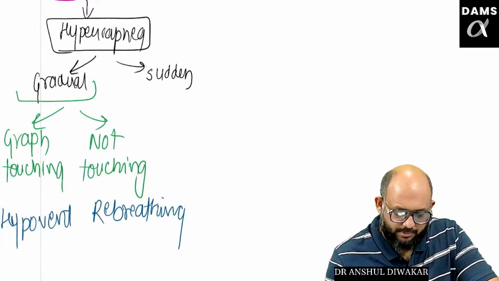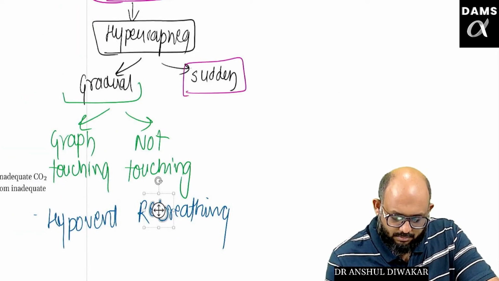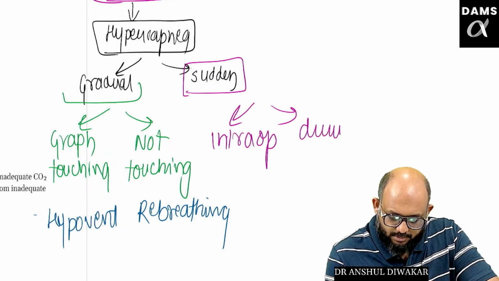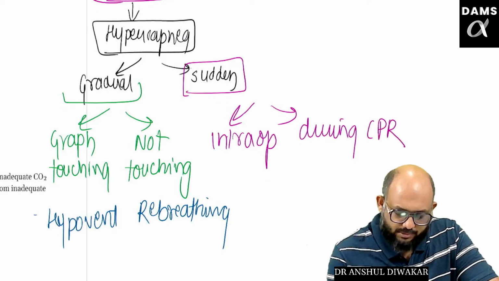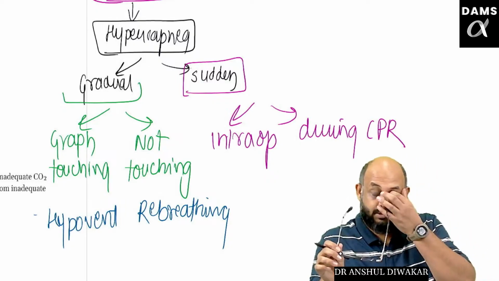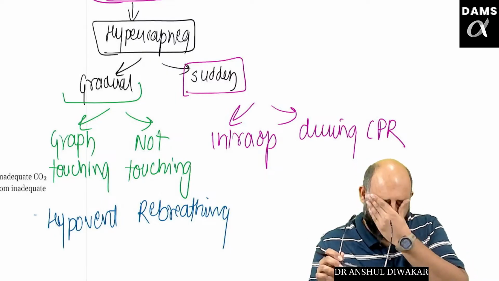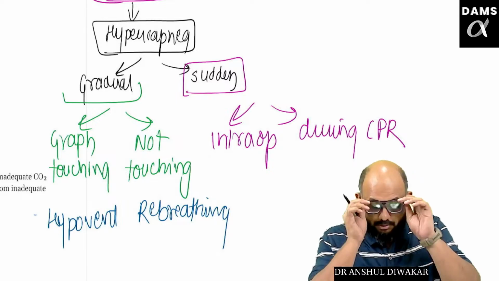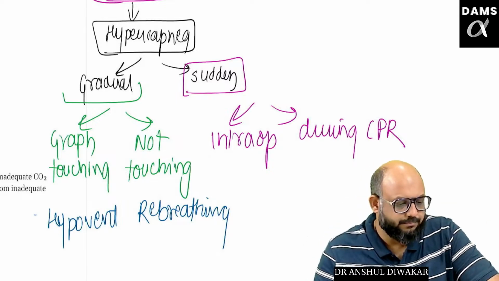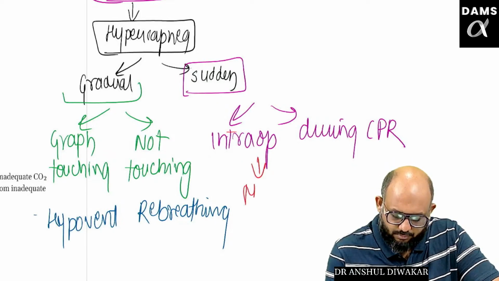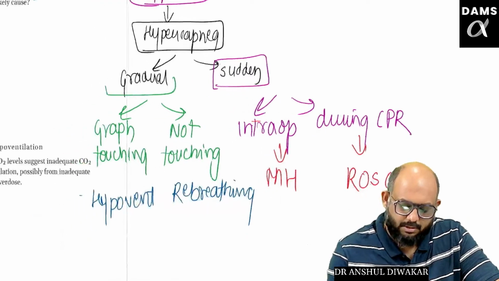Sudden hypocapnia intraoperatively or during CPR. All these situations will be given to you, isn't it? They can't ask you a clinical question without giving a history or a detailed understanding of the situation. Intraoperatively, a sudden and abrupt rise of ETCO2, malignant hyperthermia; during CPR, ROSC.